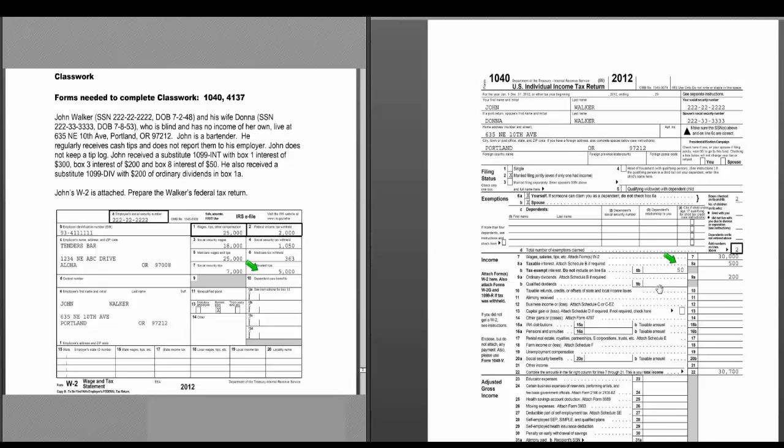That is tax-exempt interest. It's not subject to tax, but it is reportable, and we do that on line 8B, so we put the $50 there. We also told you that John had box 1A ordinary dividends of $200. Dividends are reported on line 9A. We've put the $200 there.